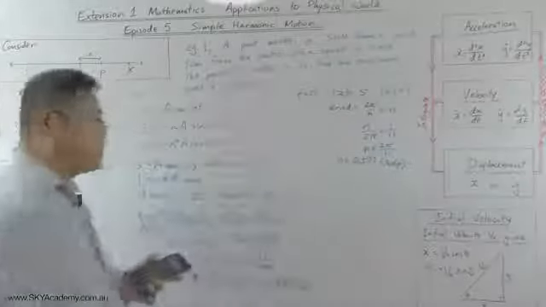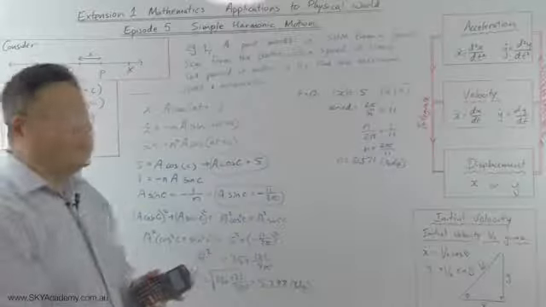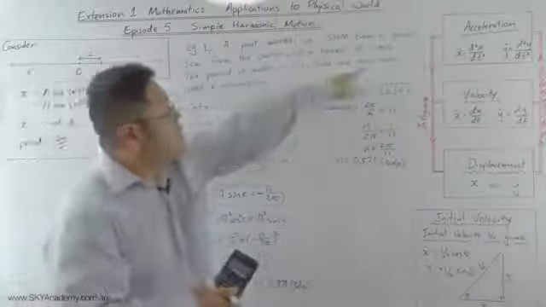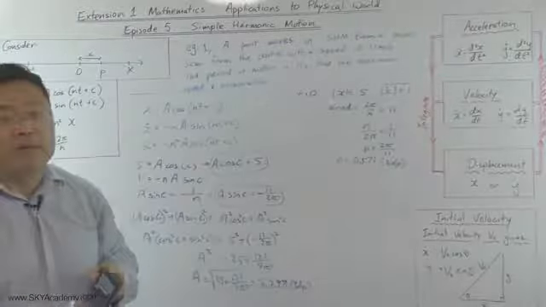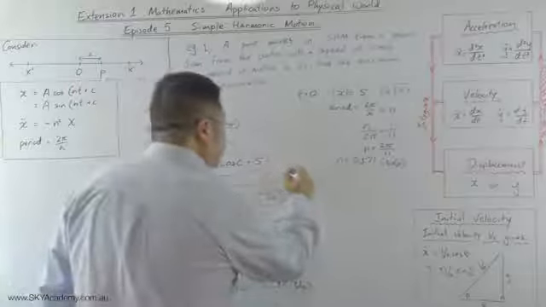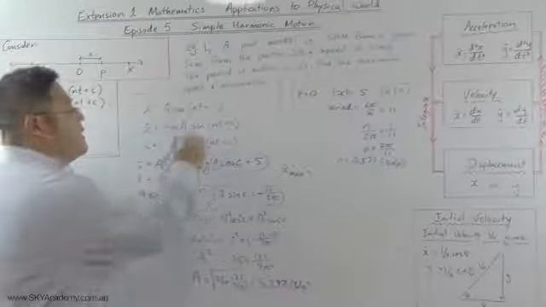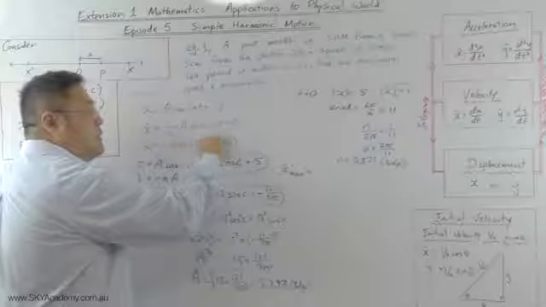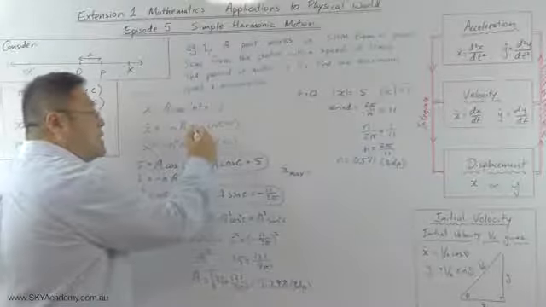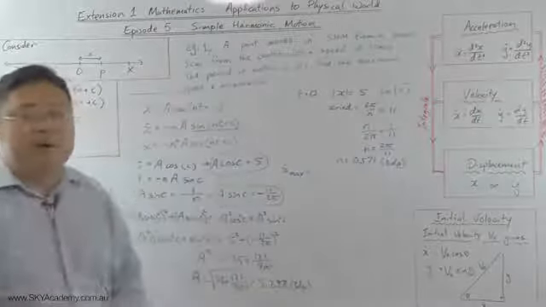Got it? Okay, now that's going to be really helpful because what we need to find is the maximum speed and the maximum acceleration. So let's work that out. The maximum speed is going to be when this is a maximum. Do you see that? Because that's a constant, that's a constant. What is the maximum that a sine function can take on?